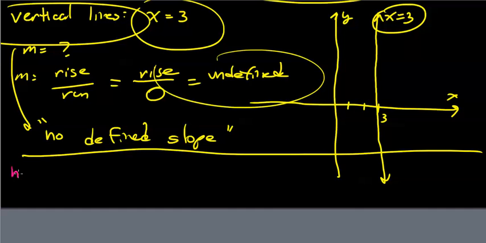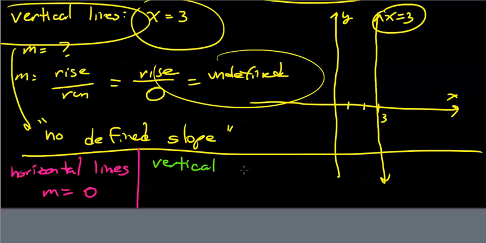I'll say horizontal lines always have a slope of 0, and vertical lines will always have an undefined slope, or our book calls it no defined slope. Division by 0 is undefined, hence vertical lines will have no defined slope.